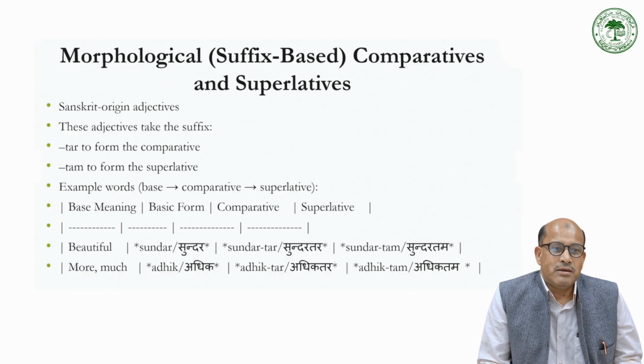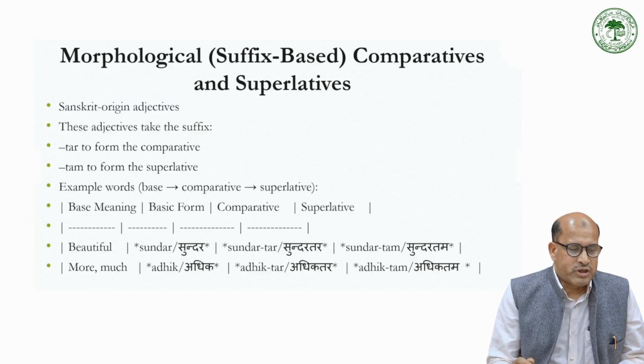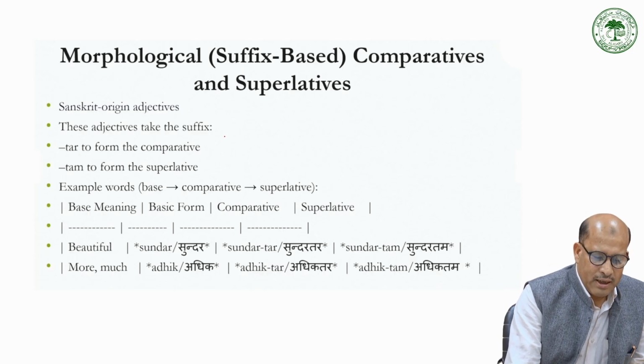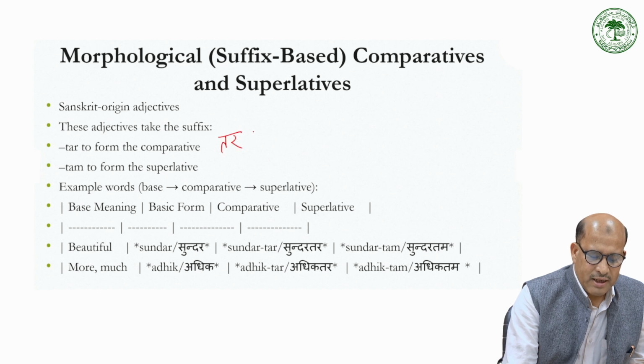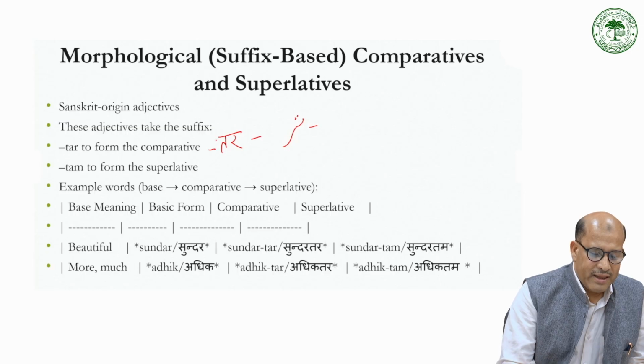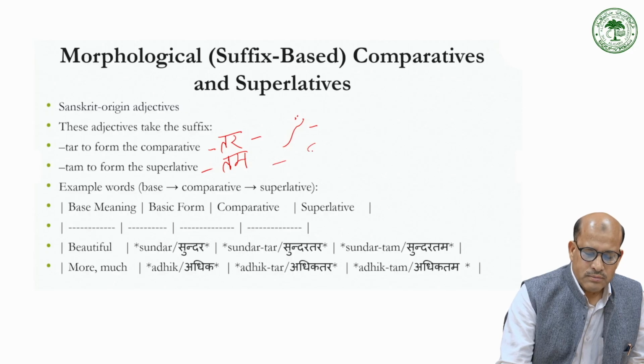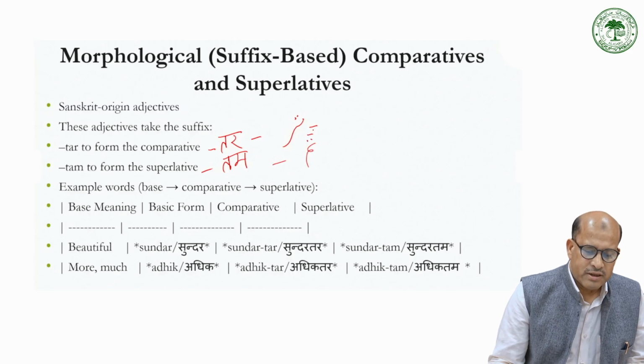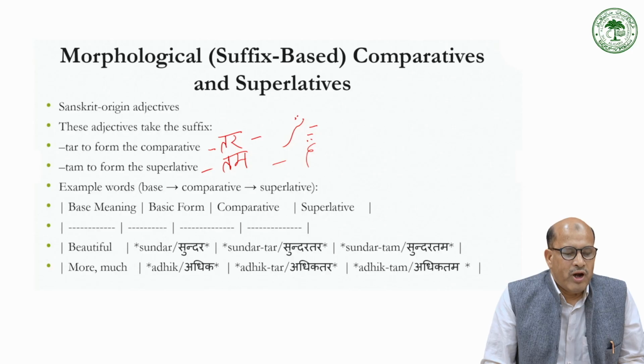If you look at this, Sanskrit origin, and I am talking about comparative and superlative, these adjectives take a suffix tar to form a comparative. So tar is basically used here, let me write tar in Hindi or tar in Urdu, and then tam to form superlative.